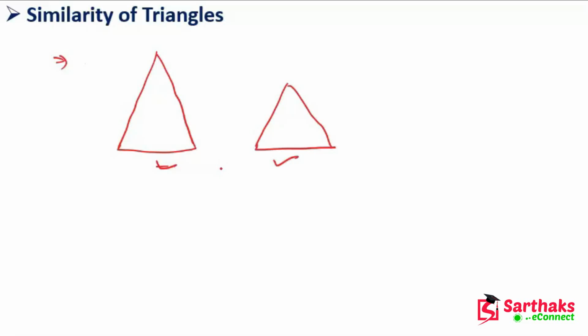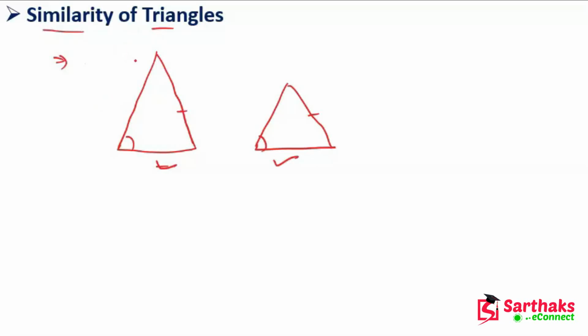So now, in other words, two triangles are similar if they have the same ratio of corresponding sides and equal pairs of corresponding angles. What is the condition of similarity of triangles?